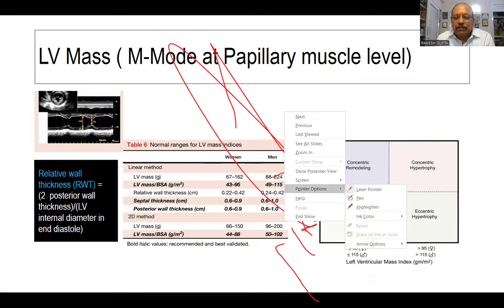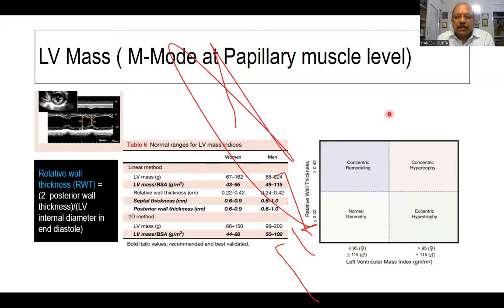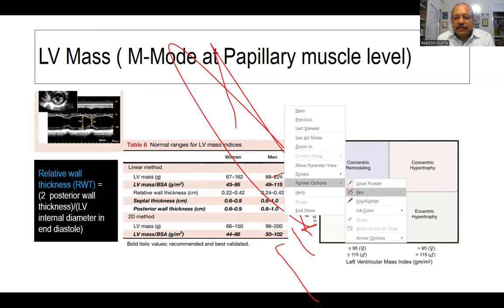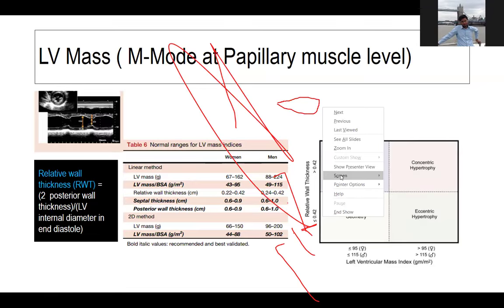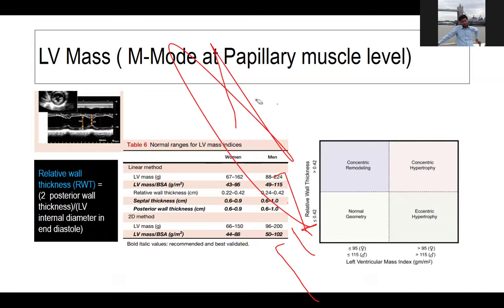It can be erased only by the person who has put on this line. Sorry, sir, to disturb. I think if you click the pen option, then the eraser might come. Okay, let me try. Look, this is not going away, because this has not been put by me.